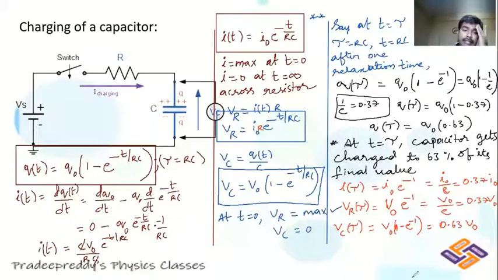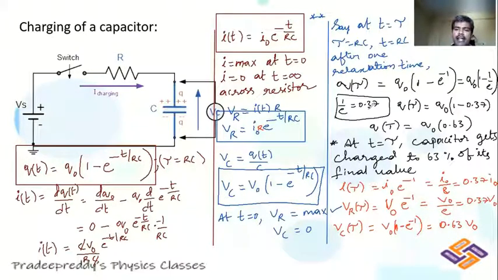So across the capacitor, the voltage drop increases to 63%, whereas across the resistor, the voltage drop decreases and the final value across this resistor is 37% of the initial voltage. These are the values you need to remember, and remember that 1 by e is equal to 0.37. So wherever you are getting 1 by e, you can substitute 0.37.